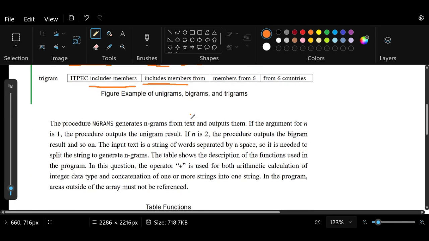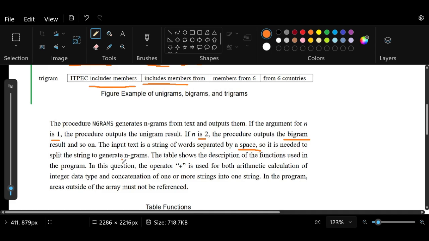The description that follows gives us a little bit more explanation how it's supposed to work. If the argument for n is 1, then that's a unigram. And if it's 2, then it's a bigram. The text is a string of words separated by a space.